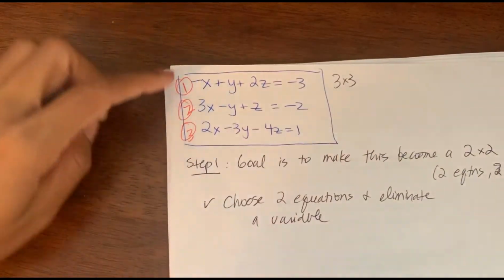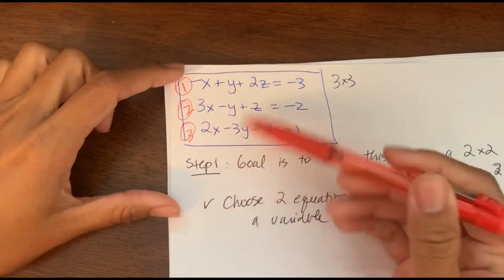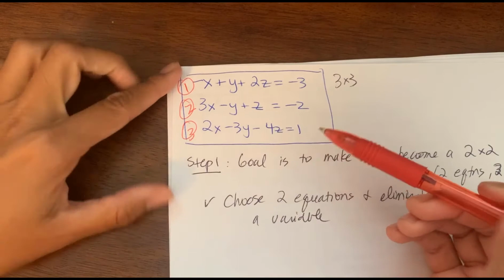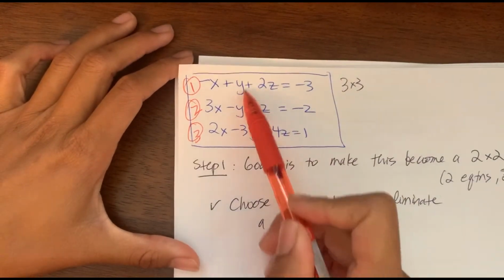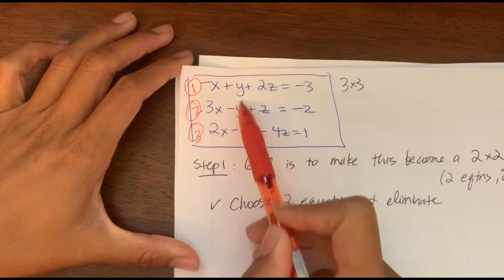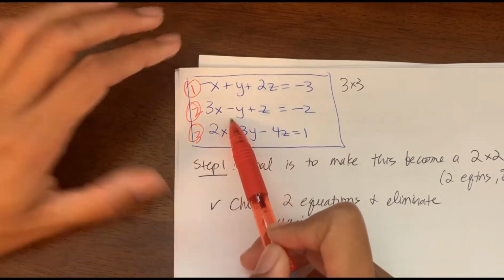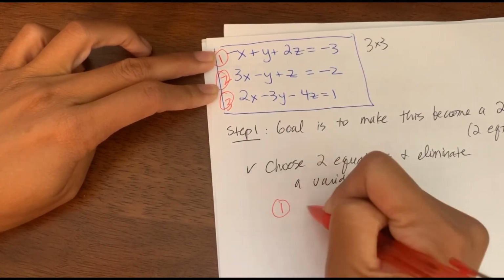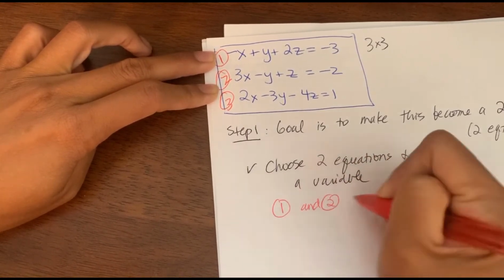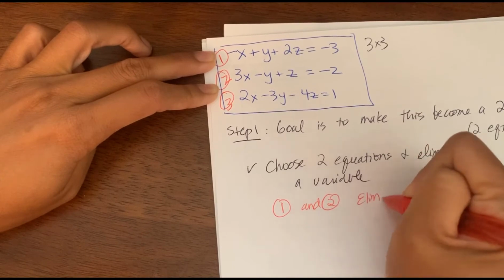I'm thinking which equations, if I added them together using the method of elimination, will get rid of a variable? I notice there's a y and a negative y here. If I added these 2 equations, I'll eliminate the y. So I'm going to choose equation 1 and equation 2, and I want to eliminate my y.